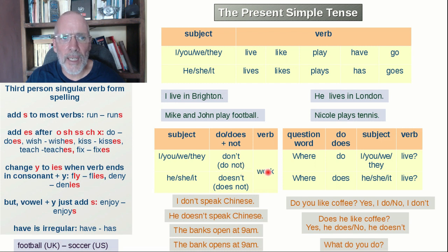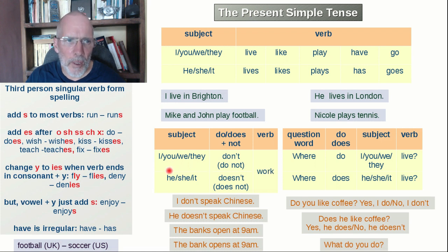And finally we have the main verb in the base form. So we say I do not work, you do not work, we do not work, they do not work.